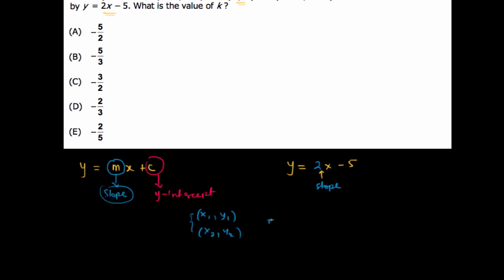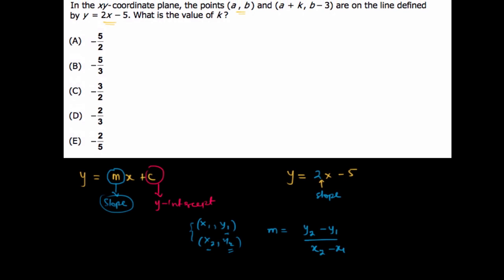Then the slope is given by m = (y2 - y1) / (x2 - x1). These are things you must have gone through in undergraduate classes. So the slope is the first y minus the second y, divided by the difference of the abscissas of the 2 coordinates. Right, that's what we know.